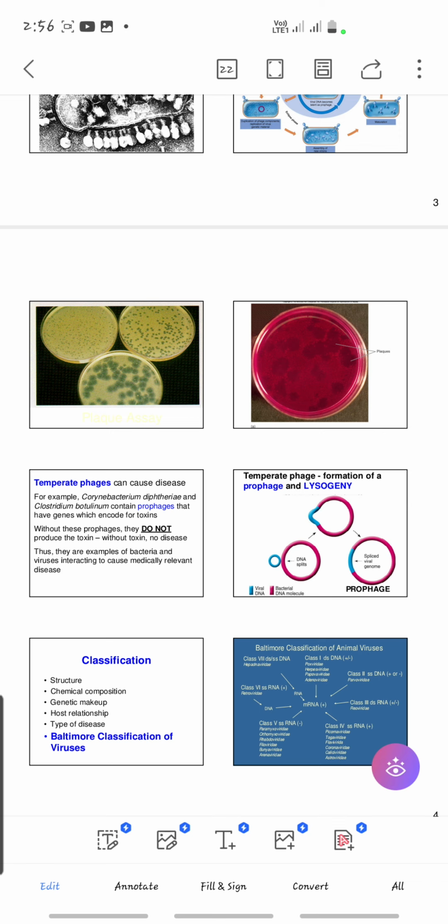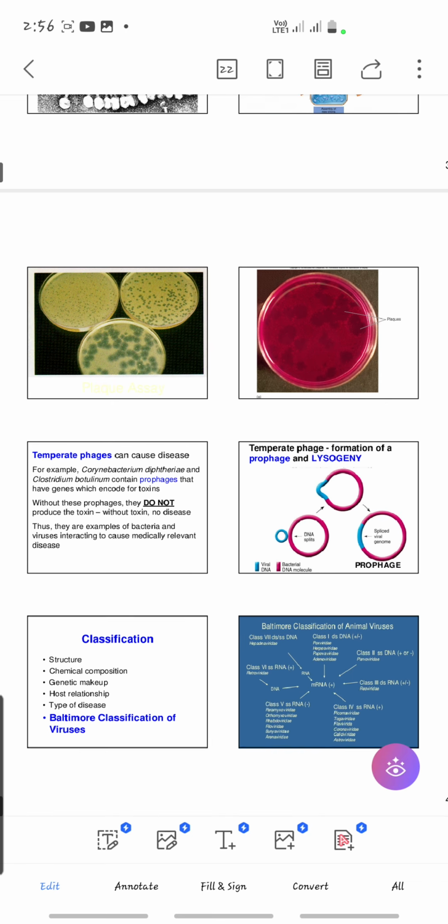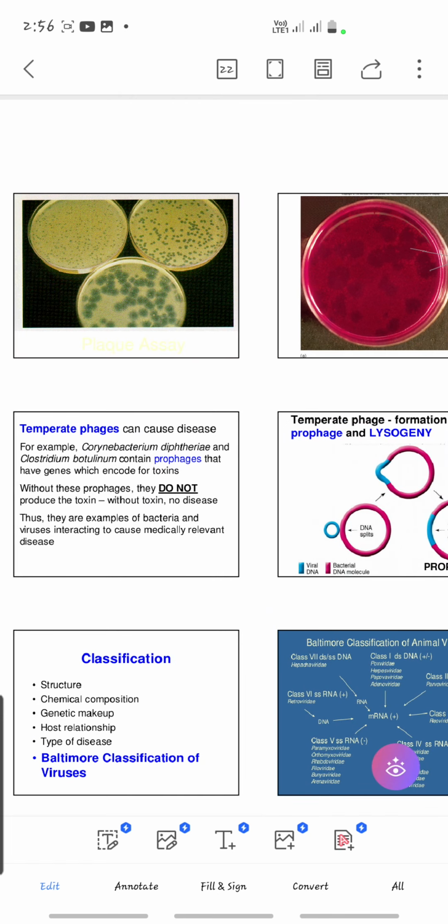So aside from bacteriophages, we also have temperate phages. Temperate phages can cause diseases. For example, Corynebacterium diphtheriae and Clostridium botulinum contain prophages that have genes which encode for toxins. That's why, going back to the definition of viruses, according to Louis Pasteur, the word virus is coined from the name itself, poison.